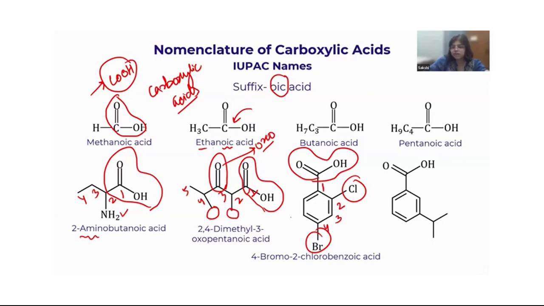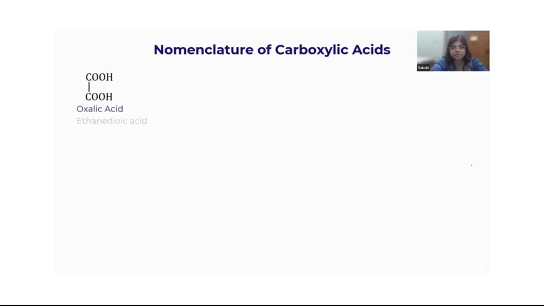Even if you had started from the other side, bromine would have got 5, but chlorine would have got a larger number. So this is the best way to number. The name for this is 3-isopropylbenzoic acid. This group is known as isopropyl. Okay, let us move forward.